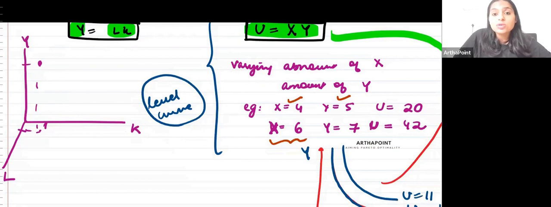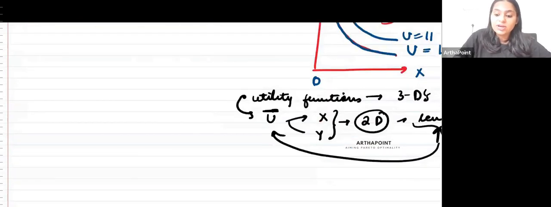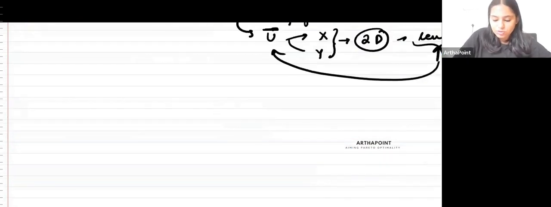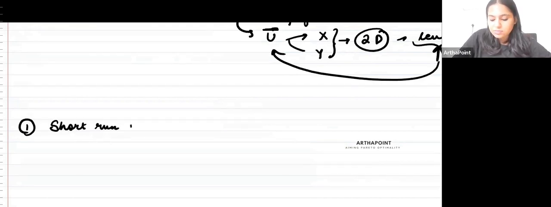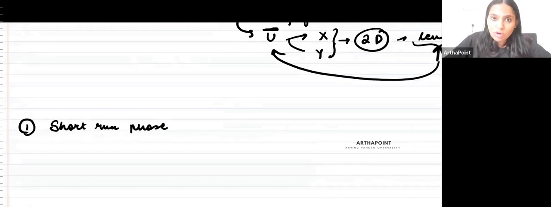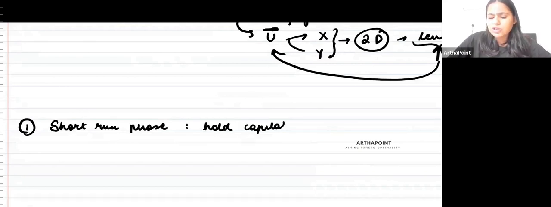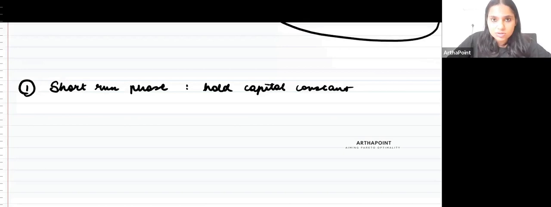To make this into a 2D diagram, we have two approaches in producer theory. First, you can talk about a short run phase. When I talk about the short run phase, I hold capital constant. We know this from 11th, 12th, that in the short run, capital is constant.